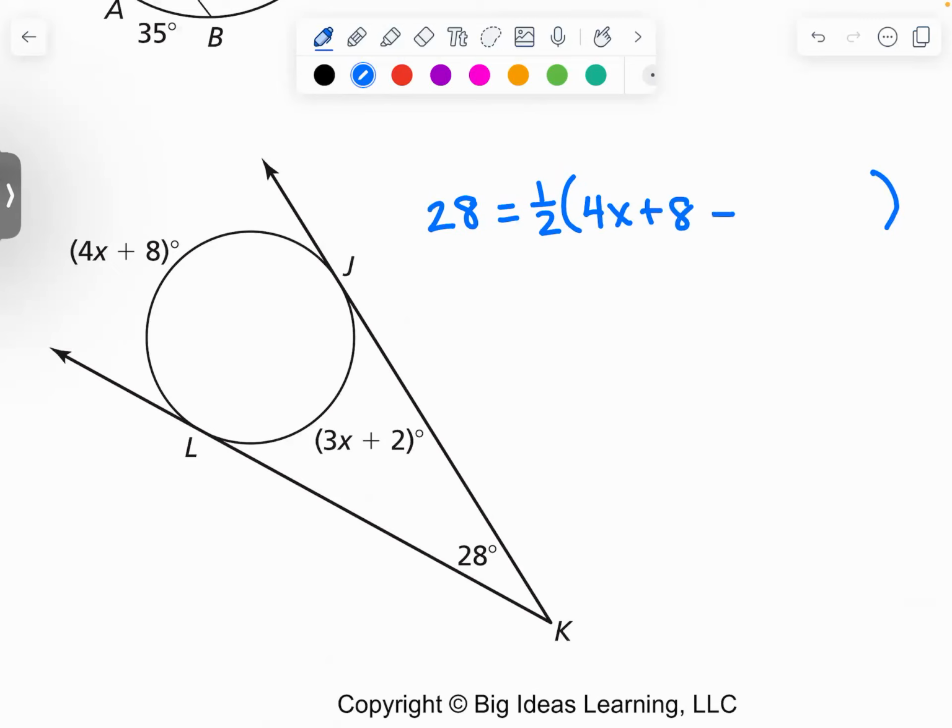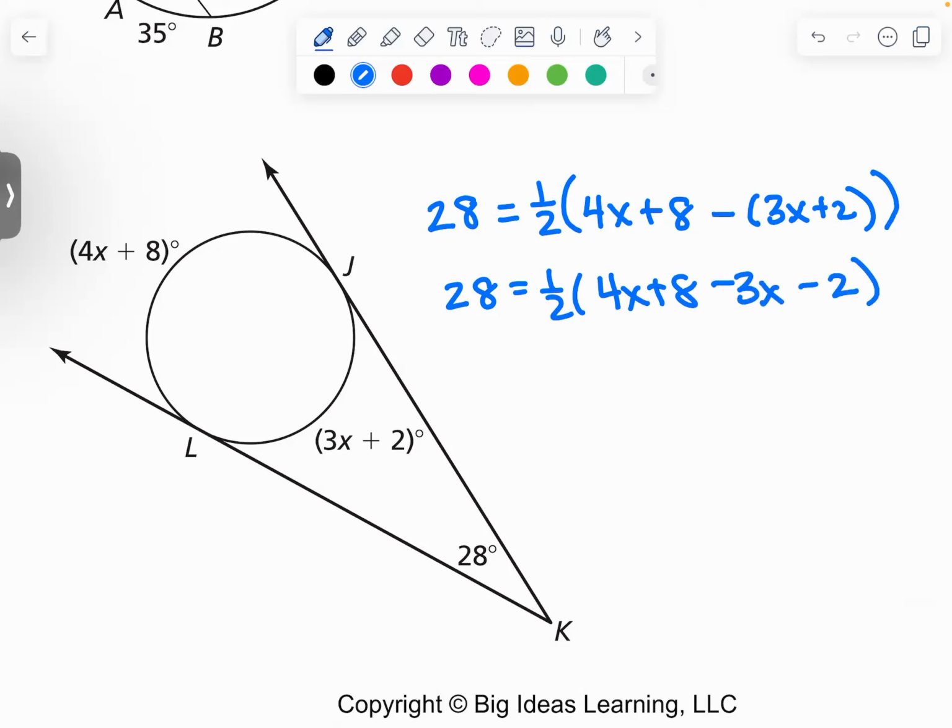But when we subtract a quantity that has more than one term, we need to make sure we subtract it in its entirety. So I need to put 3x plus 2 in parentheses because we have to subtract the whole thing. This is really 4x plus 8 minus 3x minus 2. That's really what that is.